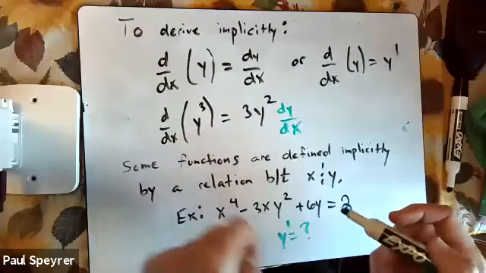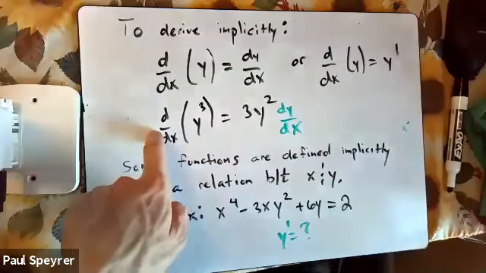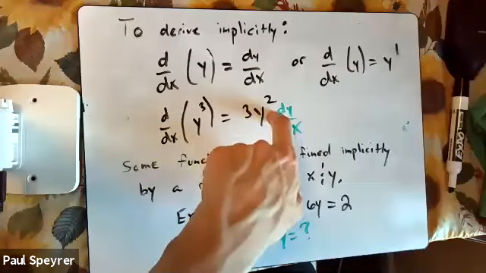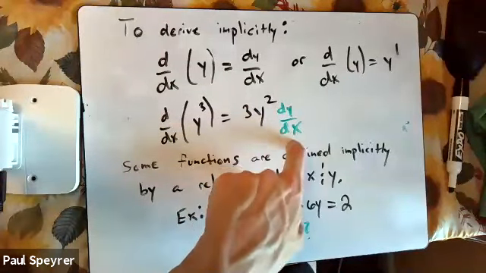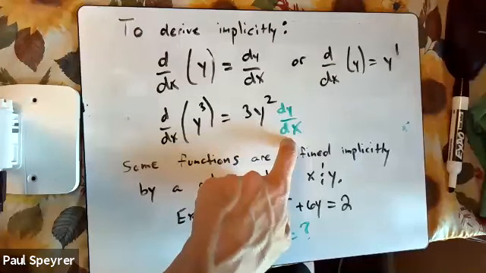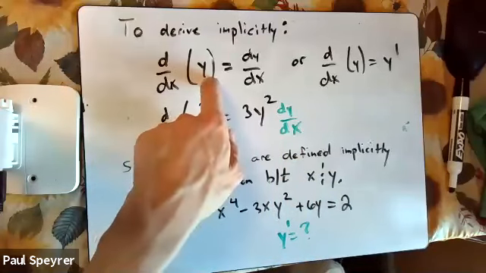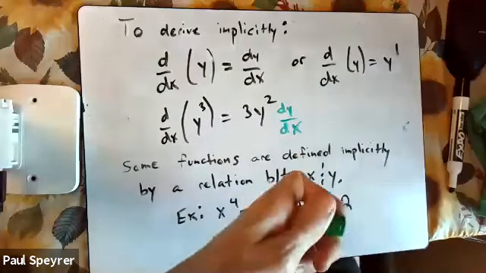So the derivative with respect to x of y cubed is 3y squared dy dx. You will always have a dy dx piece that comes out when you implicitly differentiate with respect to x. That's always going to happen with the y component. It doesn't matter what the power of y is either.